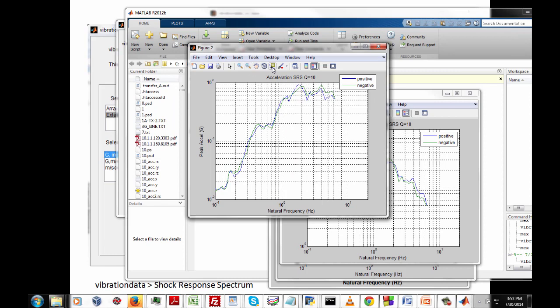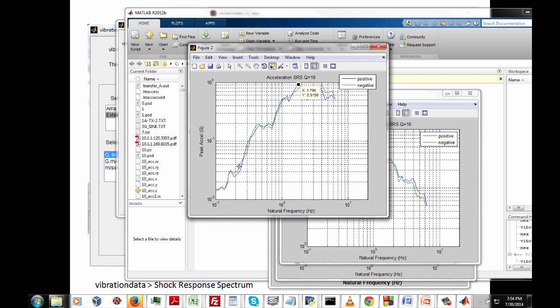Now, 1.8 hertz, remember we had that 1.8 hertz, and it was about 0.92 G. Well, that's the point right there. We did our own time domain calculation and found that out already. Well, here's that point showing up on the SRS plot. So these two SRS curves for positive and negative, we could have manually generated by going at each natural frequency with some fraction of an octave spacing or whatever.